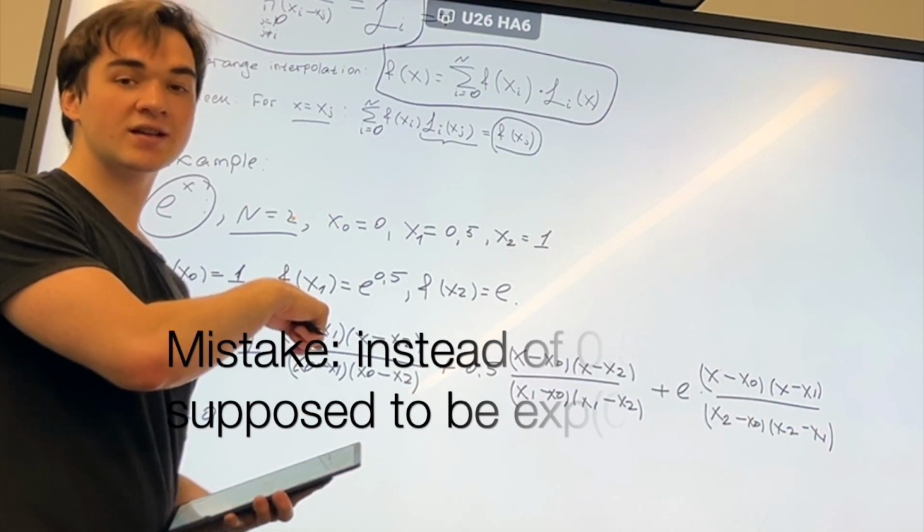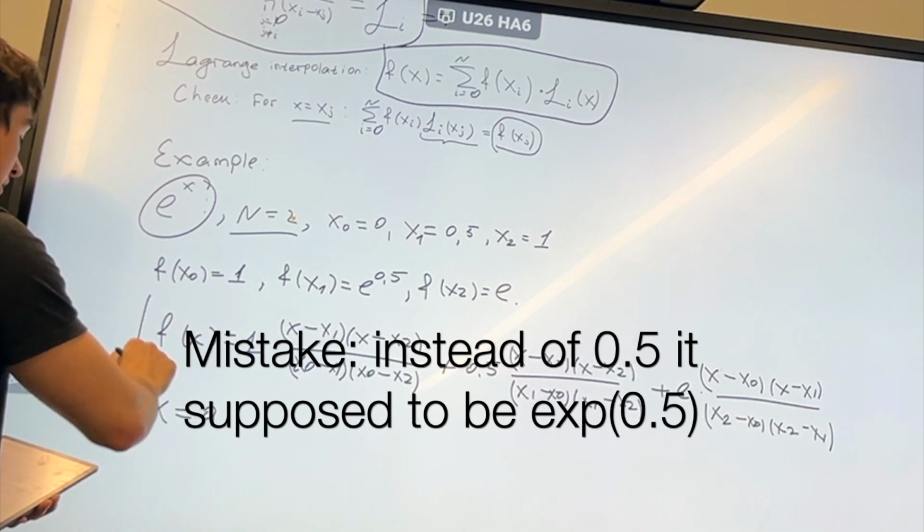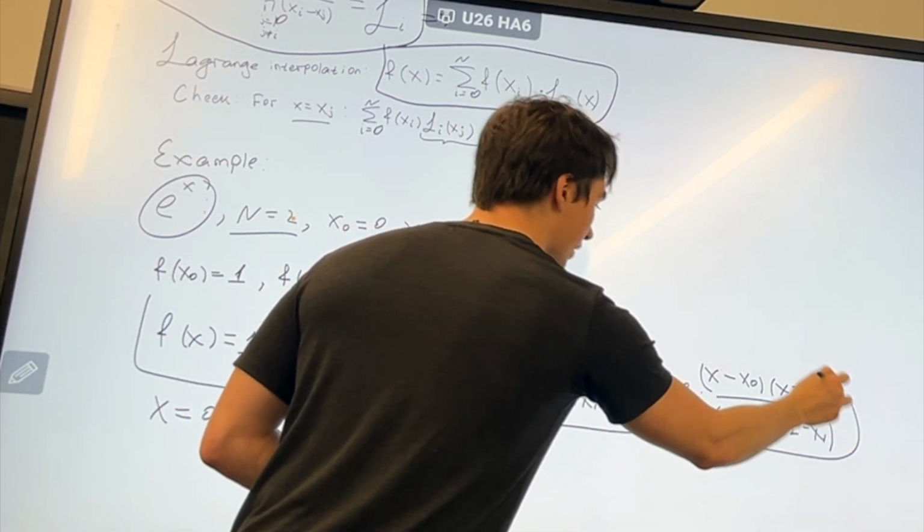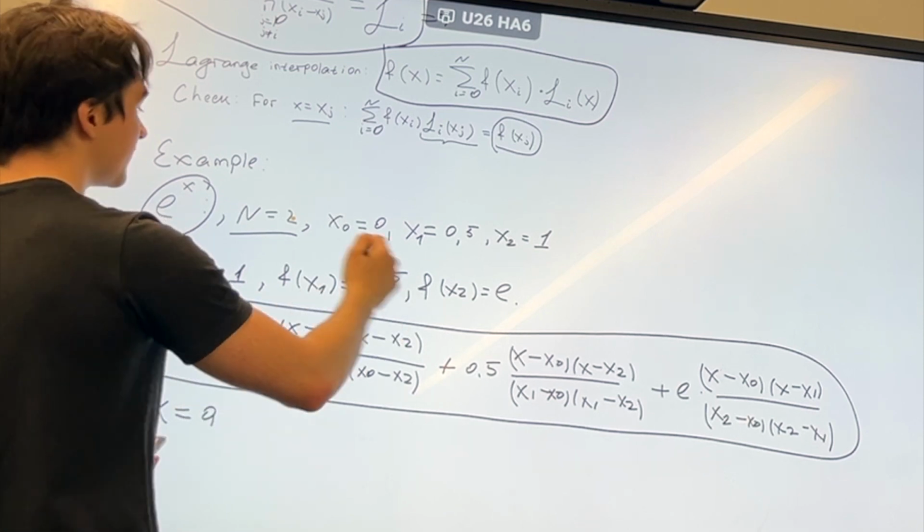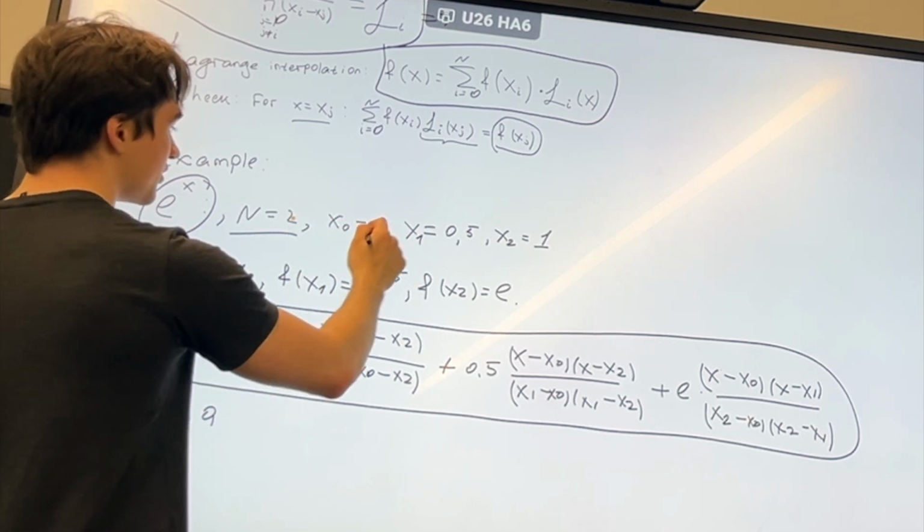If you check, this is actually quite a good approximation of our exponent in a range from 0 to 1.